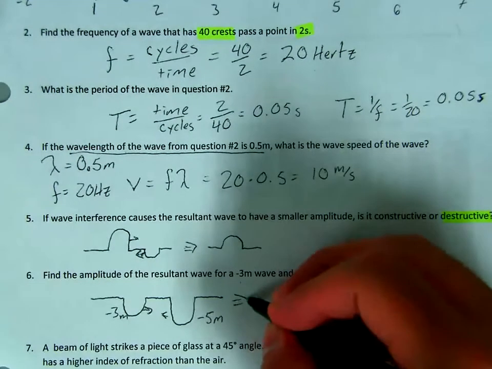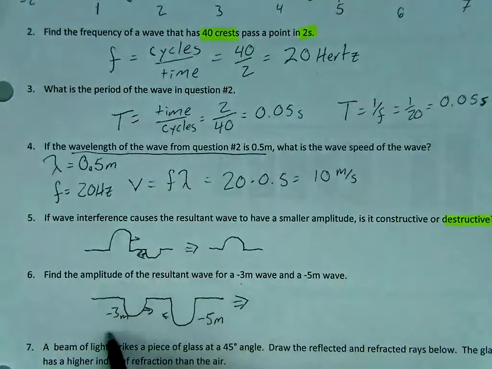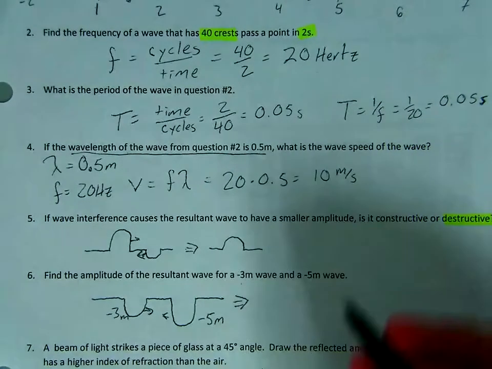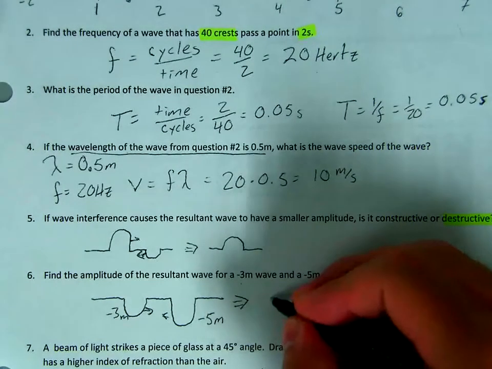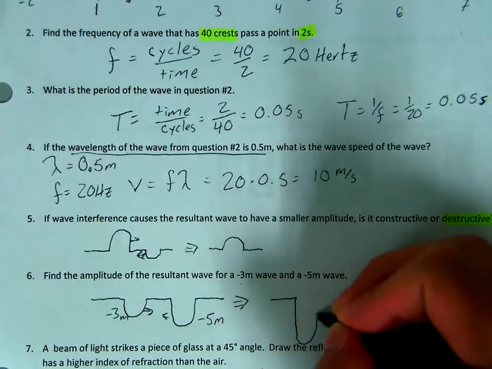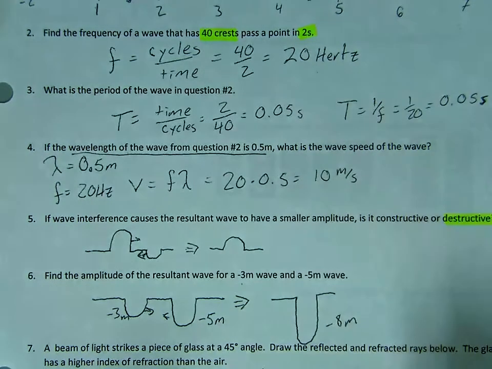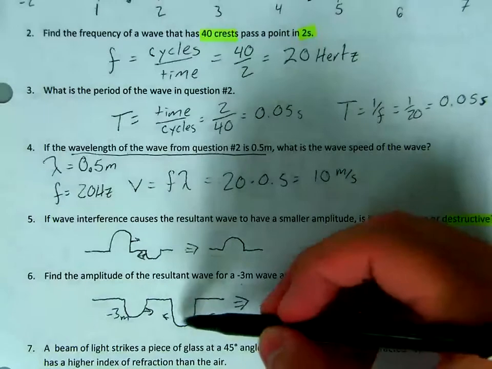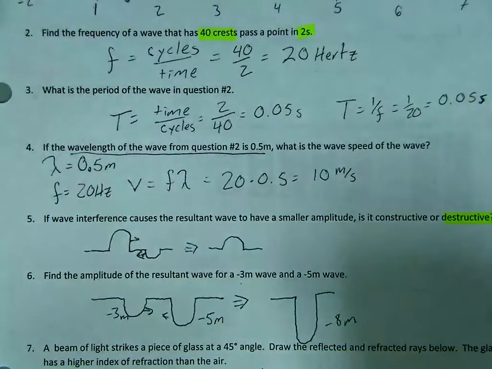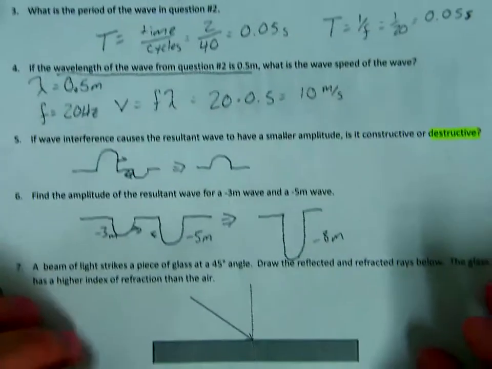It's going to be constructive because we always add these things up. -3 plus -5 gets me -8. So this wave is bigger than either of these two waves. We've got constructive interference going on.